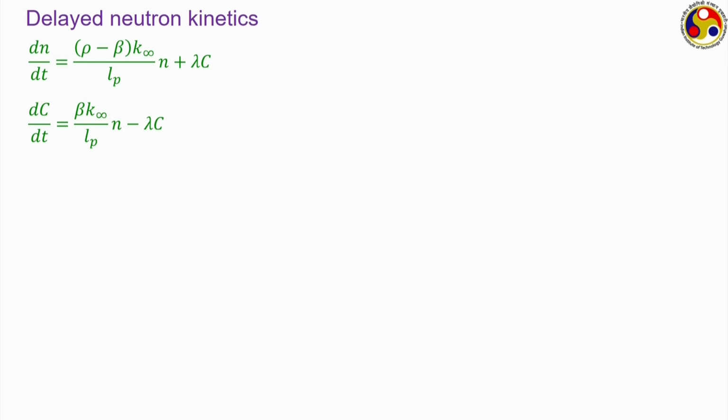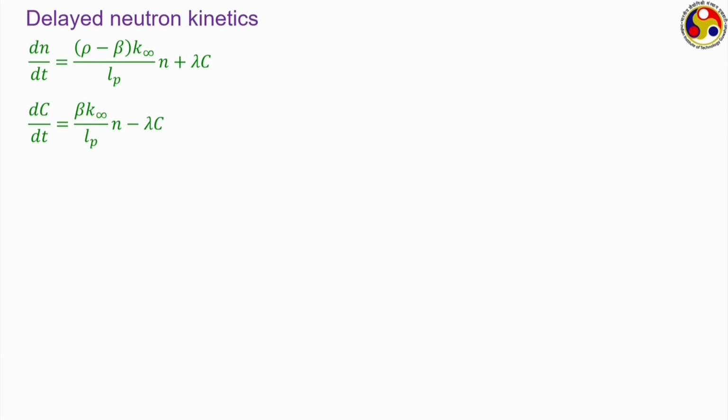Here instead of considering the 6 or 8 different groups of delayed neutrons, we are just considering all of them to be clubbed into a single group, and the concentration of that group is given by C. The corresponding parameters for the group are taken as single lumped values, like lambda, the decay constant representative of the entire group, and the same is applicable for beta and k infinity and others.